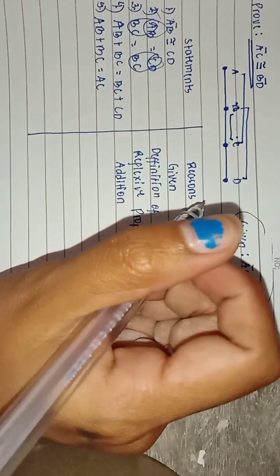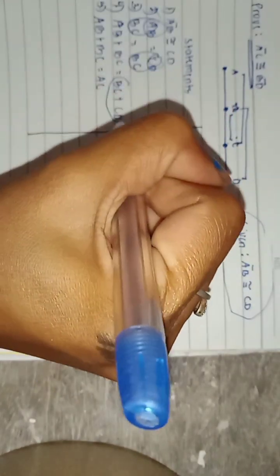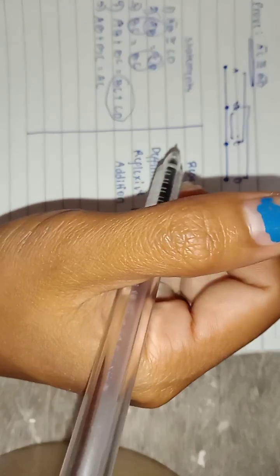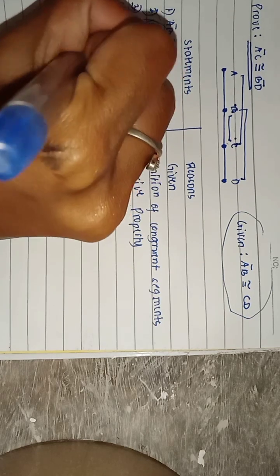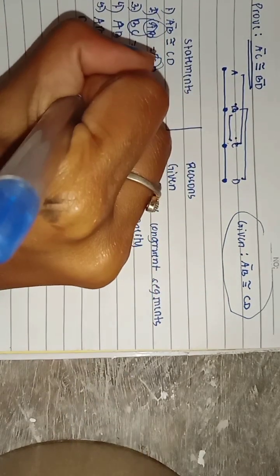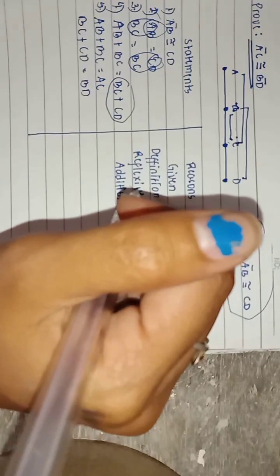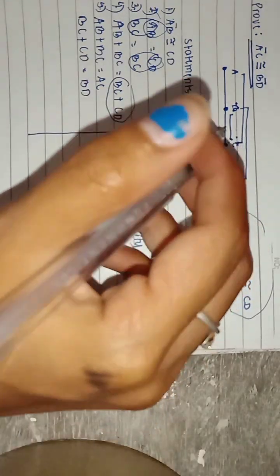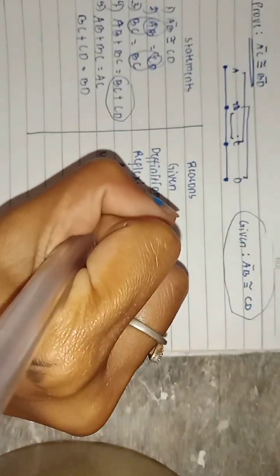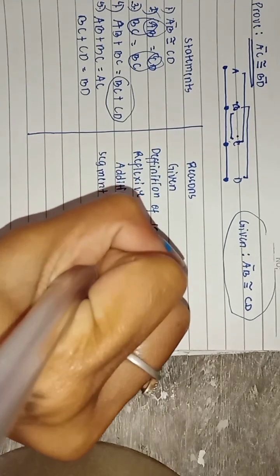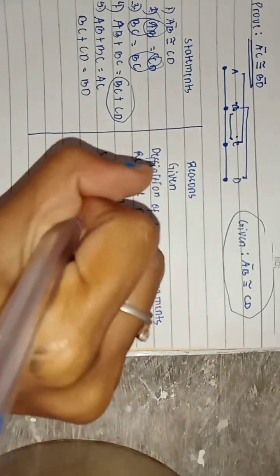And focus on the right side of this equation, that's BD. So let's write this: BC plus CD is equal to BD. So our reason here is the segment addition postulate.